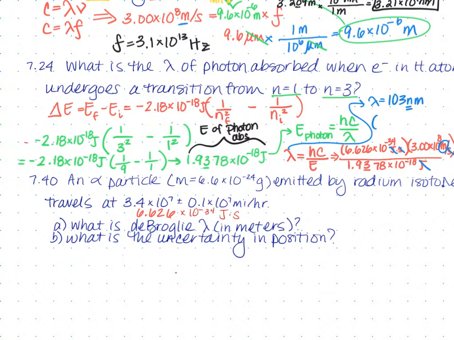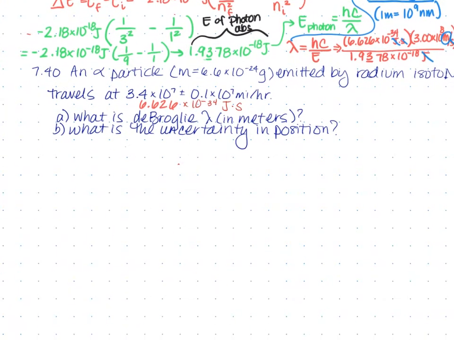Remember that for every 1 meter, there are 10 to the 9th nanometers. I did that conversion on my own, but this would be your final answer. The energy states that are given, 1 and 3, will not dictate or limit the amount of significant figures in your answer.